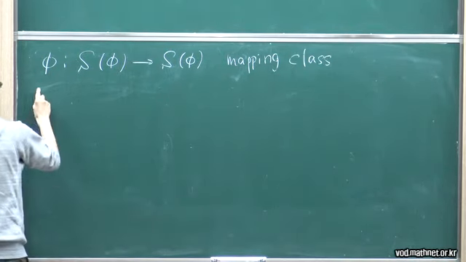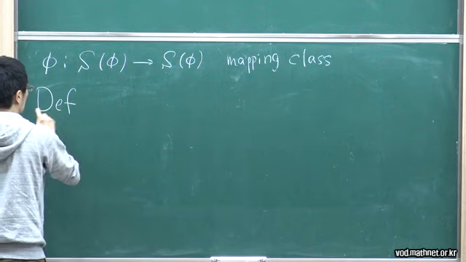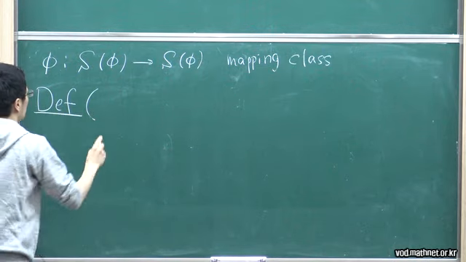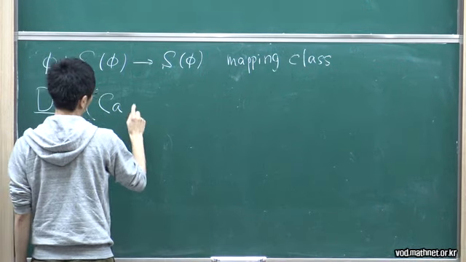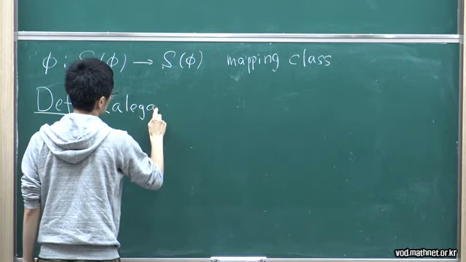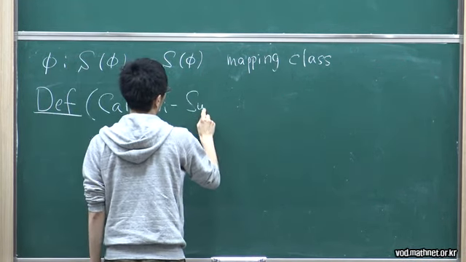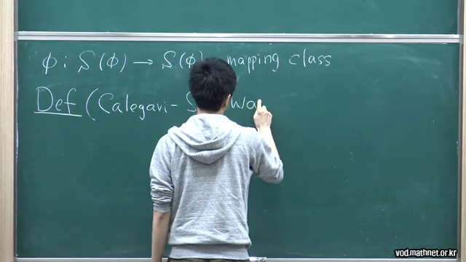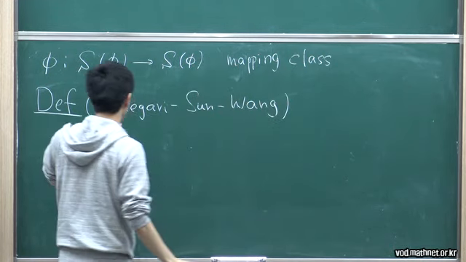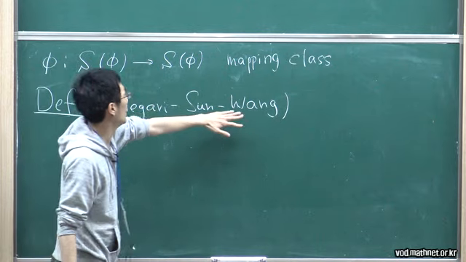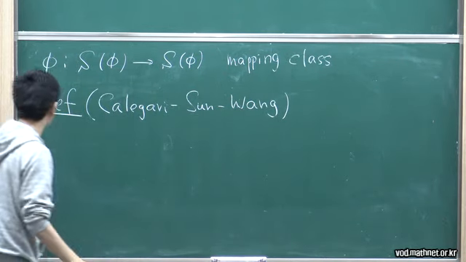And I will define the covering relation. Actually, this is due to Calegari, Sun, and Wan. So Danny Calegari, Hongbin Sun, and Shicheng Wang.